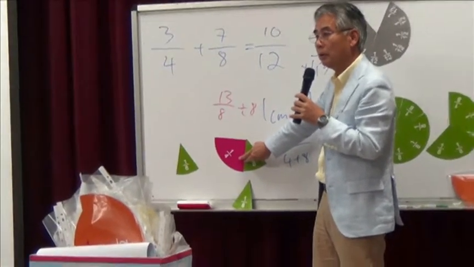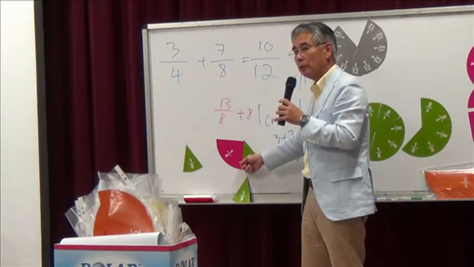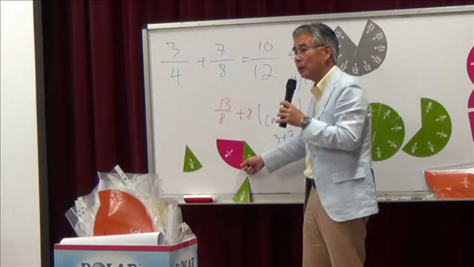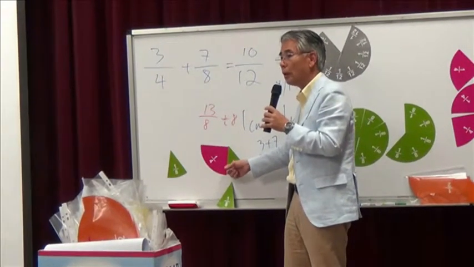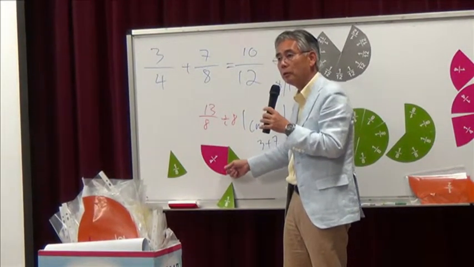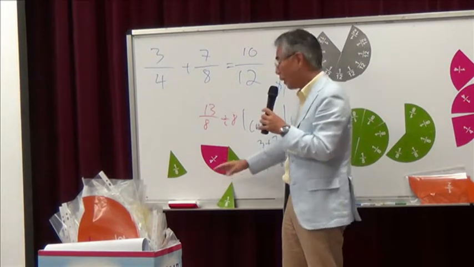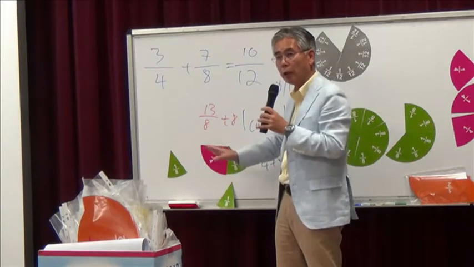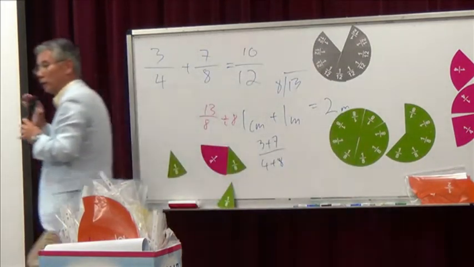But the problem is how to express this using number. How to show this amount by using number, in this case fraction, right? Representation is the problem. So finding the total amount is not that difficult. You can do it. That was not so clear for students, right?